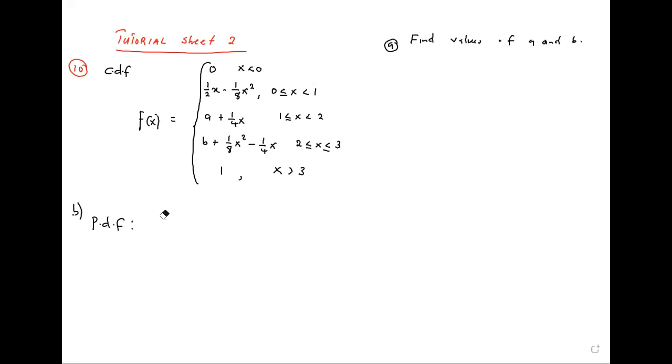So we differentiate d/dx of 1/2x minus 1/8 x squared. This will give us half minus 2/8x, which is half minus 1/4x.